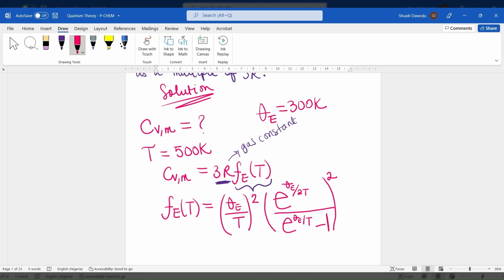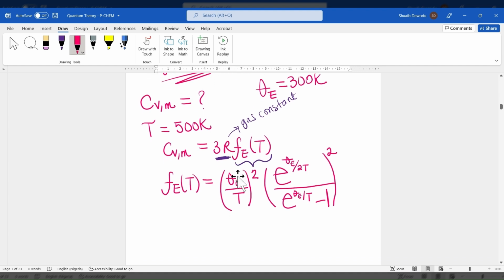So this is f_E of T. What this is telling us is that we're going to substitute the values for theta sub E as well as T, and use that to determine f_E.